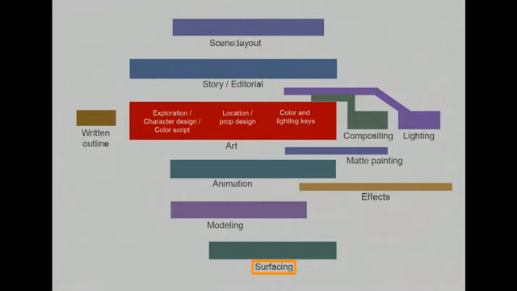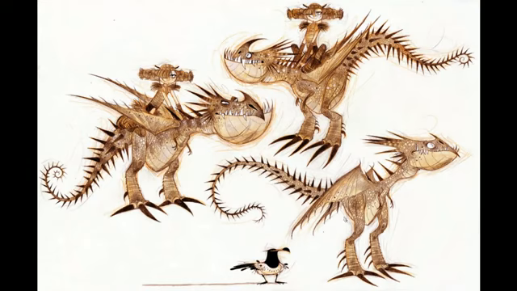Okay, so scene layout. Now we go to surfacing, because once you have your prop design done and it has been modeled, it goes to surfacing artists who are a separate department from the art department. And they go in and they'll take, for instance, sketches like this that have been done.